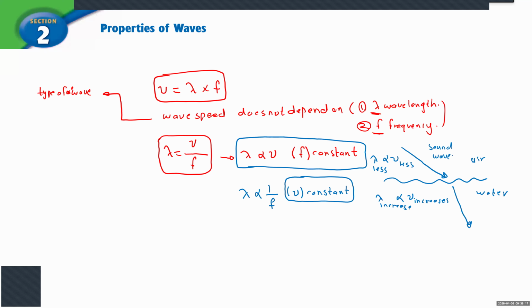In section 1, I said we have electromagnetic wave and mechanical wave. In a mechanical wave, we have two types, longitudinal and transverse wave. The second one, wave speed depends on type of medium.